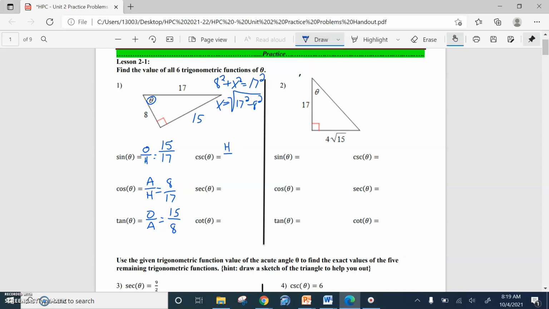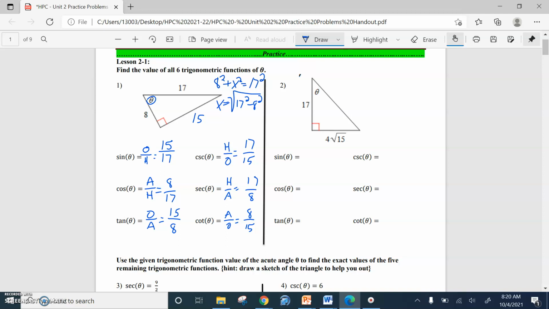It would be hypotenuse over opposite, or 17/15. Secant is the same idea, but with cosine. So secant is the reciprocal of cosine, hypotenuse over adjacent, so 17/8. And cotangent is the inverse of tangent, adjacent over opposite, or 8/15 in this case. So that is what they're asking us for.